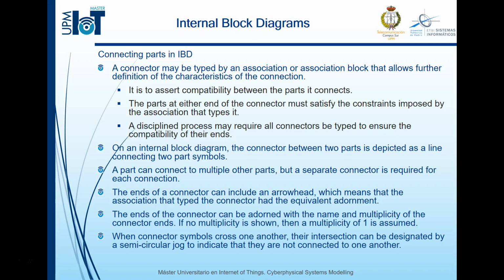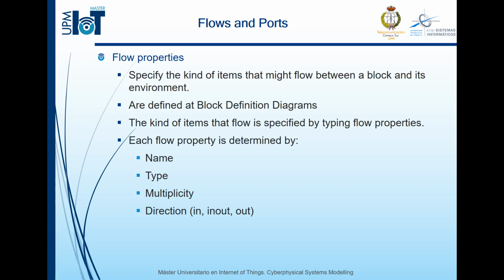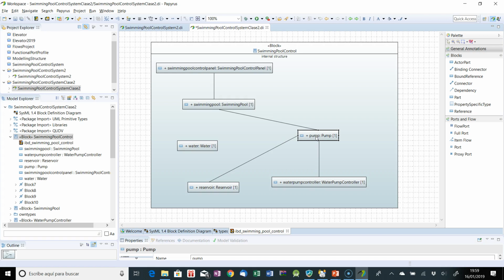So, here's the next thing we are going to do. Let me go back later. Flow properties should be specified at block level. So, where to define these properties? Keep in mind that flow properties are not specified here.